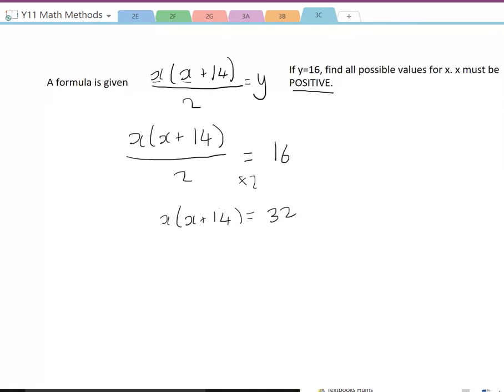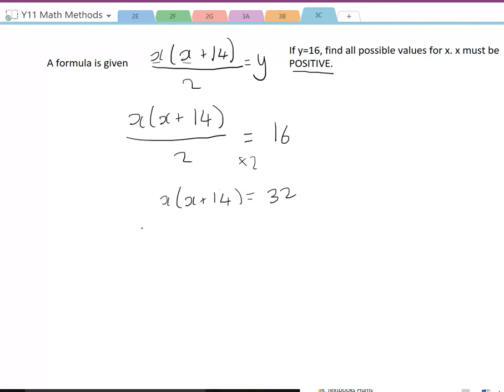All right, next thing, you don't want brackets because you want to be able to solve this. So you'd expand out. x squared plus 14x is equal to 32. So we know we've got a quadratic here, so it's not going to be a simple case of getting x by itself. So we need to make this whole equation equal to 0.